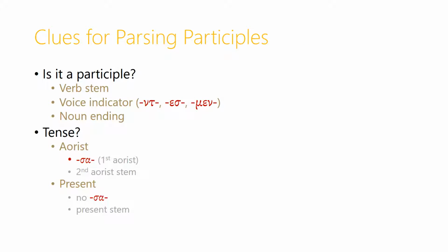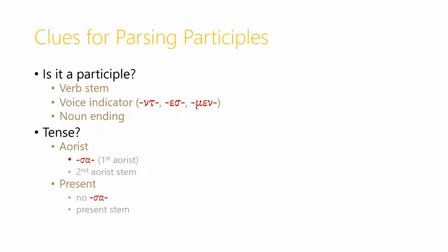So how do we go about parsing a participle? If we see something and we recognize, hey, I think this is a participle, what might be the clues that point us that way? Well, we'll see a verb stem, and then look for the voice indicator following the verb stem, either nu tau or some form of the sigma feminine voice indicator, or the men of the middle passive, and then a noun ending following that voice indicator.